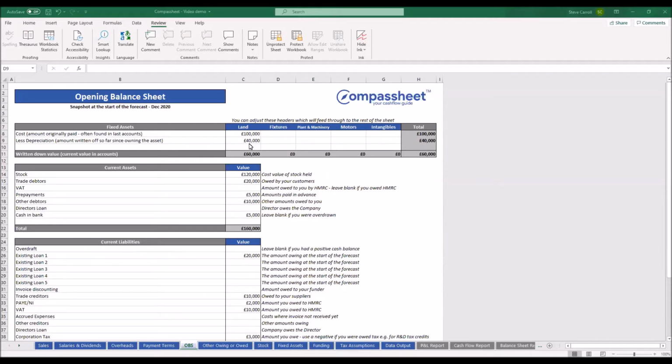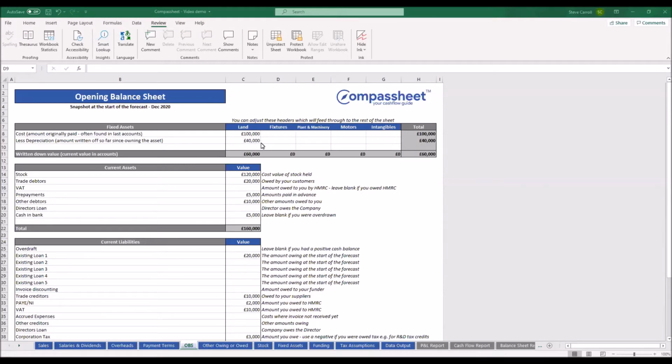So at the top of the sheet are the fixed assets. These are things like fixtures and fittings or plant. If you're wanting to do the forecast purely from a cash point of view, you don't have to put anything in here.